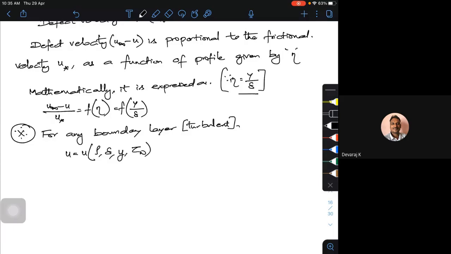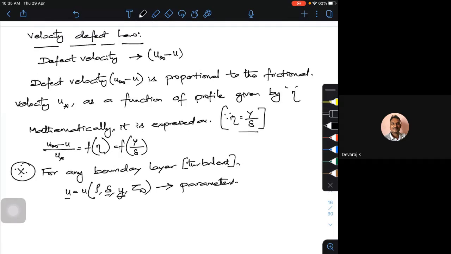So a lot of parameters need to be considered. I'm trying to build a relationship between y and delta, and the free stream velocity with respect to the local velocity. That kind of relationship is called the velocity defect law.